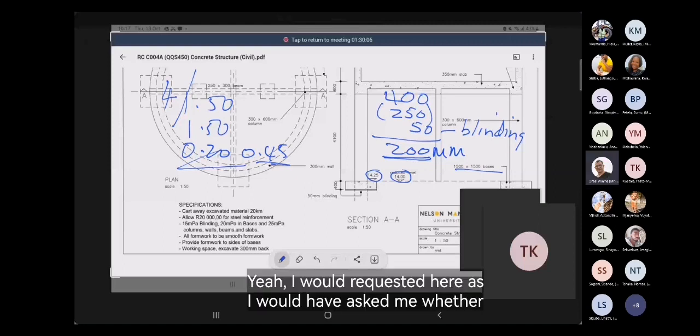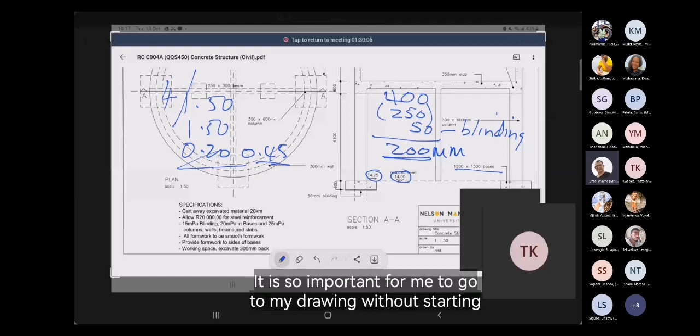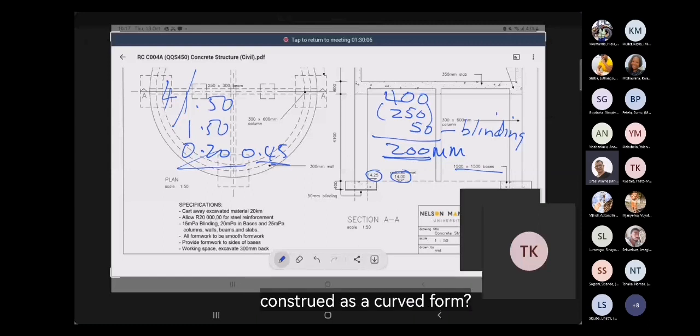Yeah, I've got a question here. Someone asked me whether there's a mistake with the levels. But it is human nature to make a mistake like that because our bases generally sit below the ground. They will not sit above the ground. So there's nothing wrong with it. But that is why it is so important for me to go through my drawing and see what aspects might be problematic and what might be construed as a curved form.